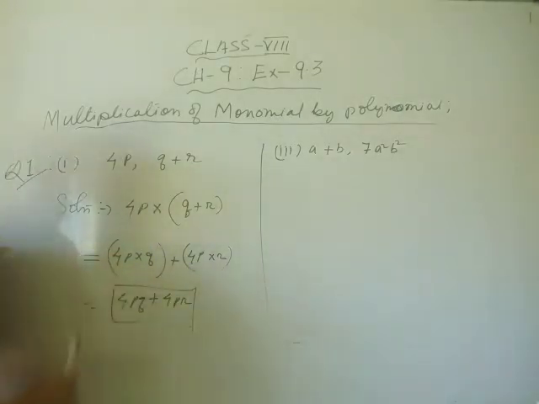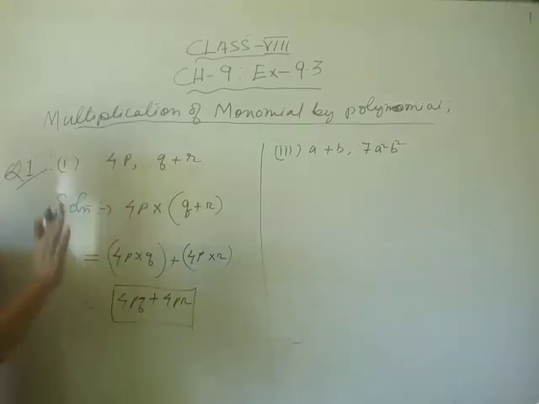Once plus is there, we cannot do anything because here is pq, here is pr. The letters are different, and these two terms are unlike terms. Then we cannot do any operation; in addition and subtraction we cannot do anything if the terms are unlike terms. We will keep the answer as it is. Okay, so this is the answer.